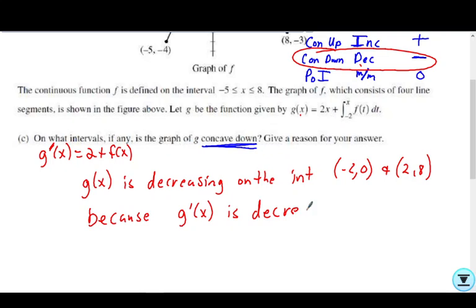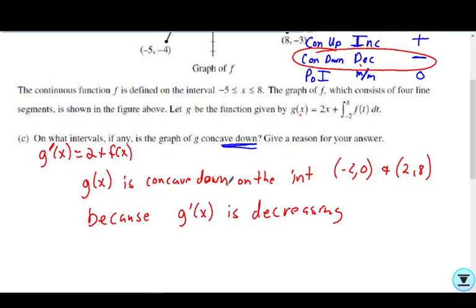Oh, sorry. This is decreasing, this is concave down. g of x is concave down on the intervals from -2.